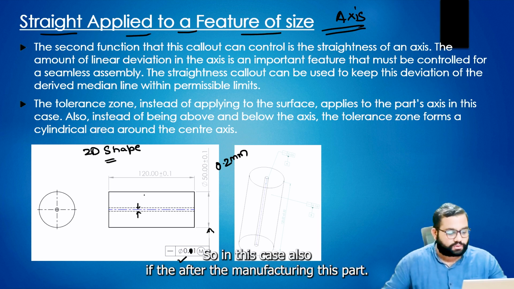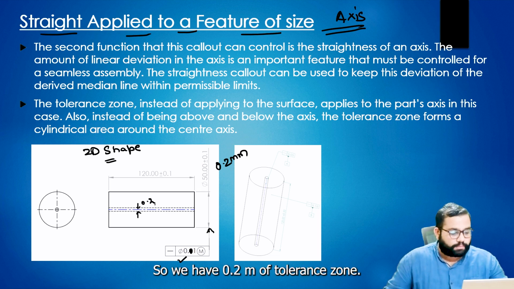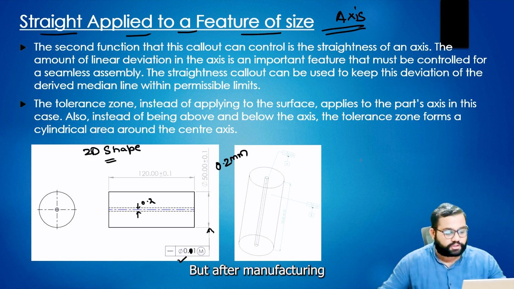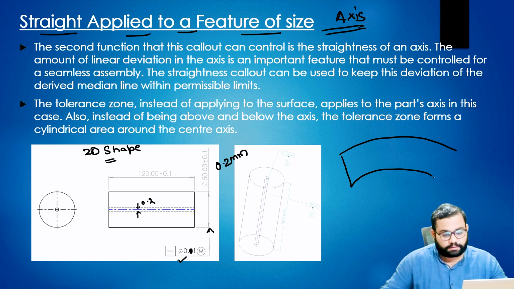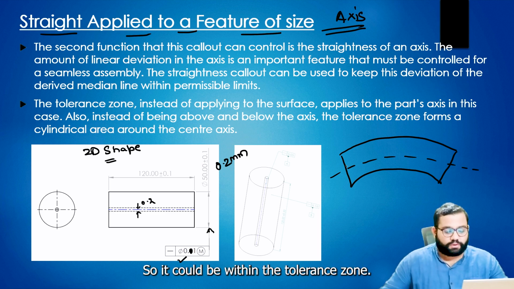In this case also, after manufacturing this part, we have 0.2 mm of tolerance zone, but the manufactured part can end up like this, its axis tilted. It should be within the tolerance zone.